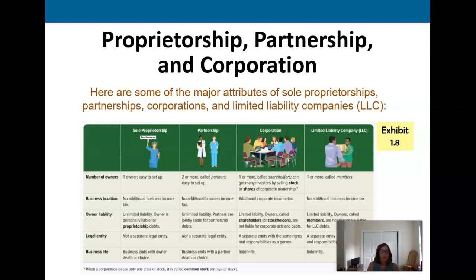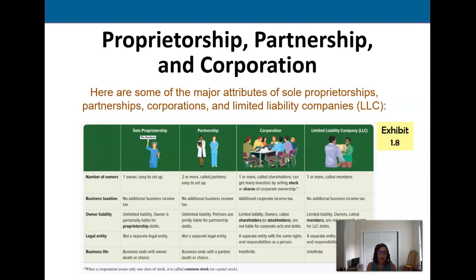Most of them will be focused on the proprietorship, and to be a sole proprietor means that you can wake up one morning and proclaim to whoever is within earshot of you, I am in business. And that is literally all that it takes to form a business as a proprietor.